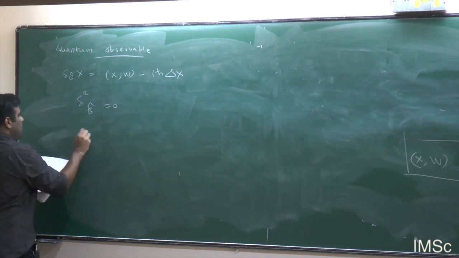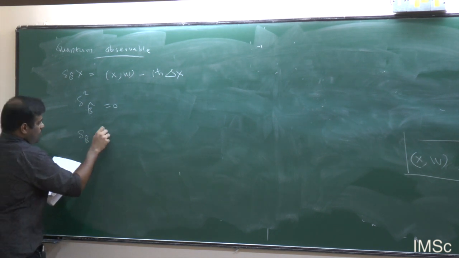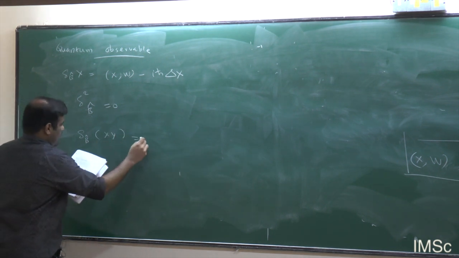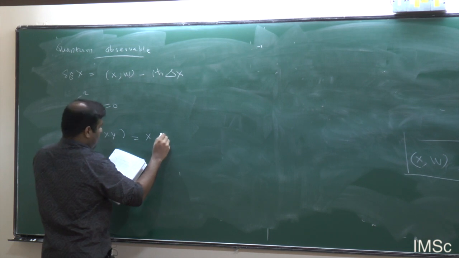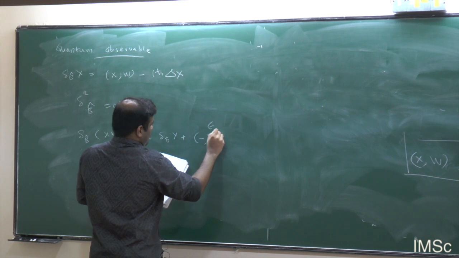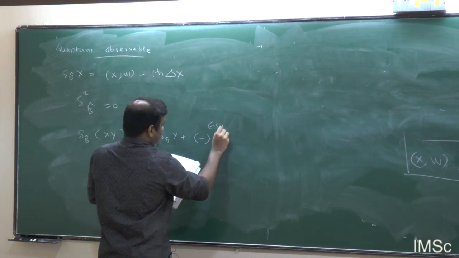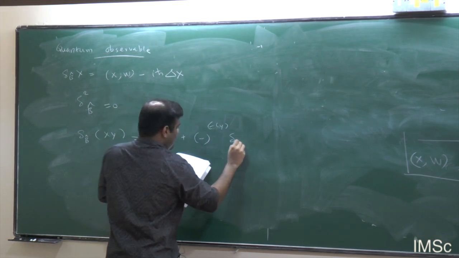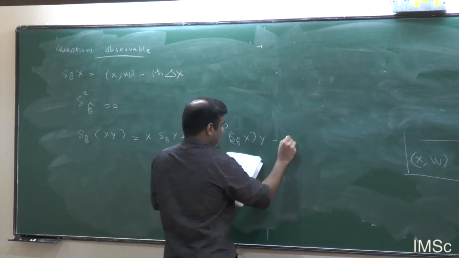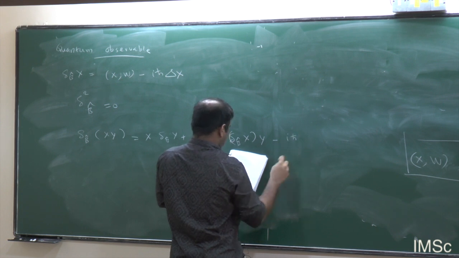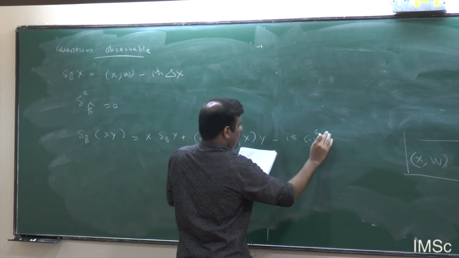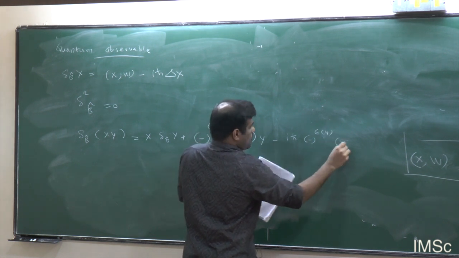If I take a variation of xy, then this is equal to x times the variation of y plus a parity factor times δ_B hat x times y, minus iħ times a parity factor times the anti-bracket of x and y.